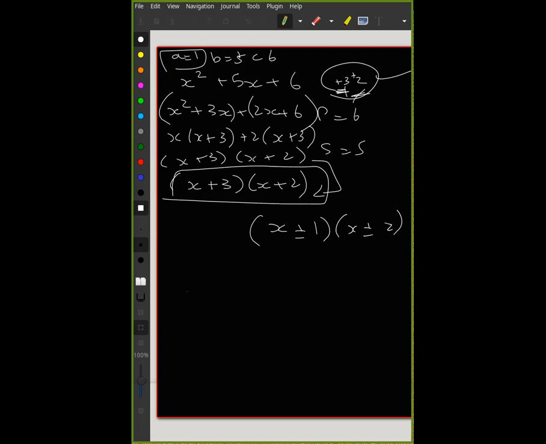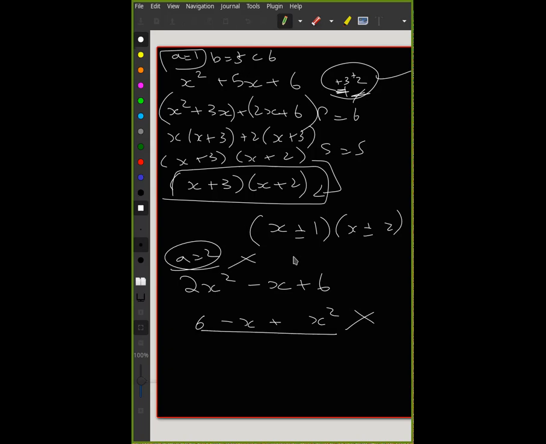But sir, this is not applicable if we have something like this, because we know the value of a is 2, so it's not applicable over here. This is also not applicable if this is 6 minus x plus 2x squared, even then not. In this case, we will have to switch over because we get a different value then.